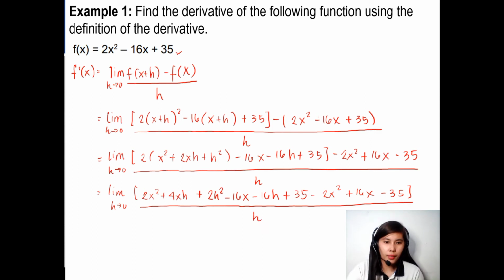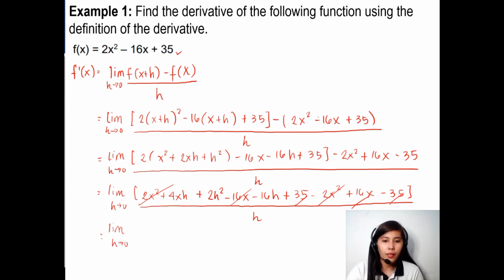Okay, so what's next? We can cancel out the 2x squared, the 16x, the 35. Then we'll put the remaining terms here.